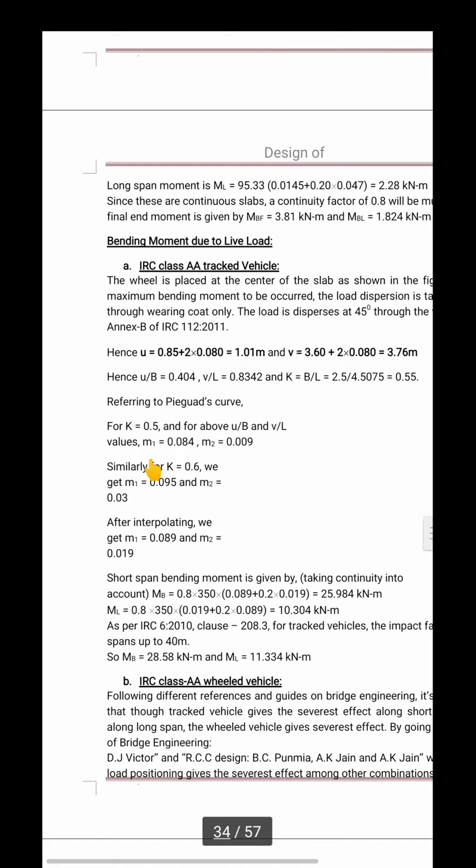Q by B ratio 0.404, V by L ratio 0.8342. Remember, it is 0.4 and 0.8342.